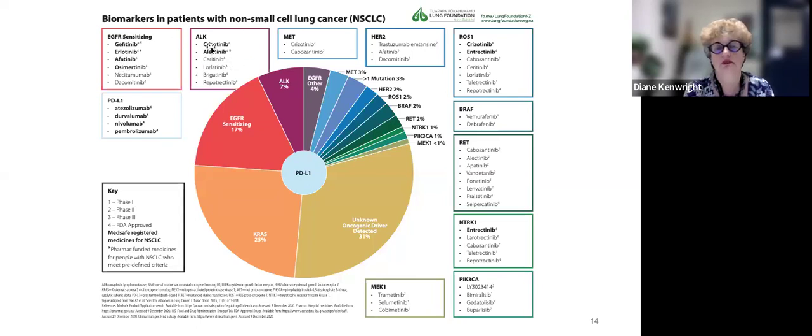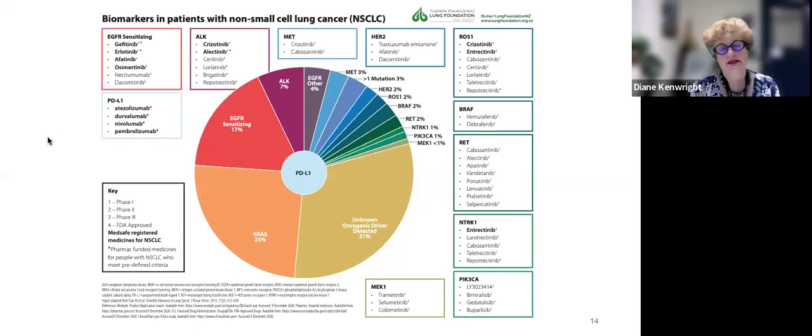We test for ALK because these medicines can be used to treat it. We test for NTRK1 because, again, it's got a medicine we can treat it with. And similarly, ROS1 because they have medicines that are funded here. We could test for everything, but that would be a waste of money if we can't have the medicines here in New Zealand.